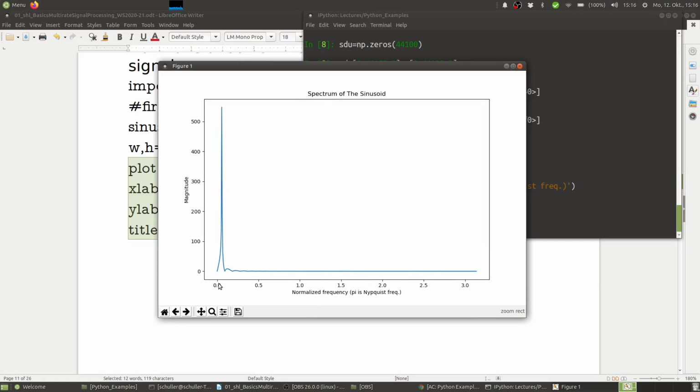So going back. And basically not much else. So here we have almost nothing. Here we have some ripples, but this is just an artifact of having a finite length DTFT applied to our signal. So these ripples are an artifact from applying the DTFT here in freqz.